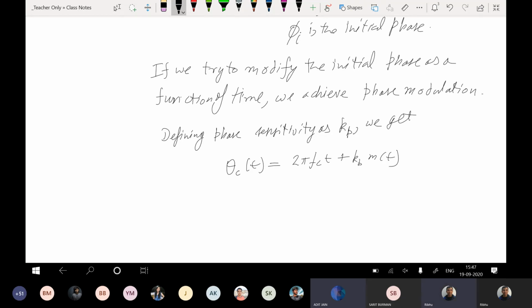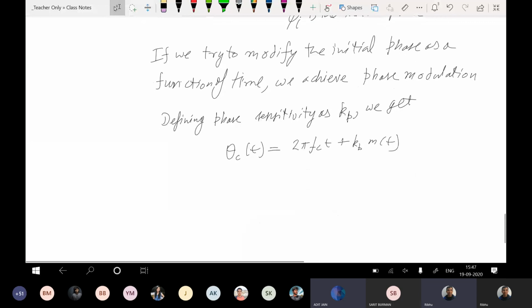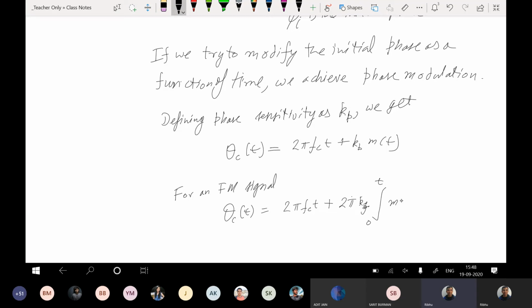Okay. So actually what you see is that for an FM signal, theta_c(t) equals 2 pi f_c t plus 2 pi k_f integral 0 to t of m(t) dt.